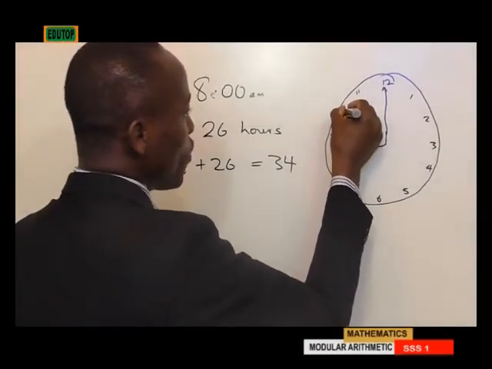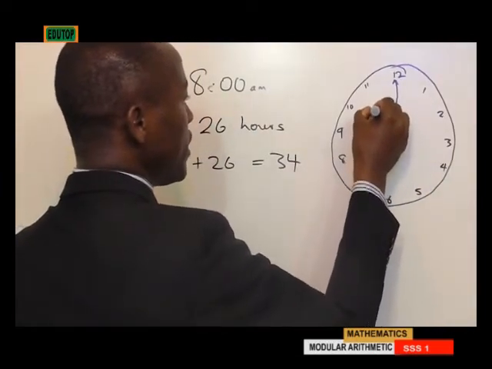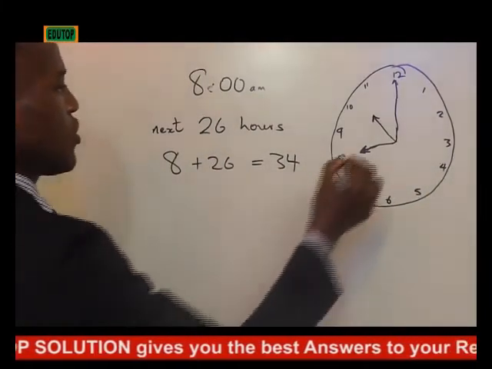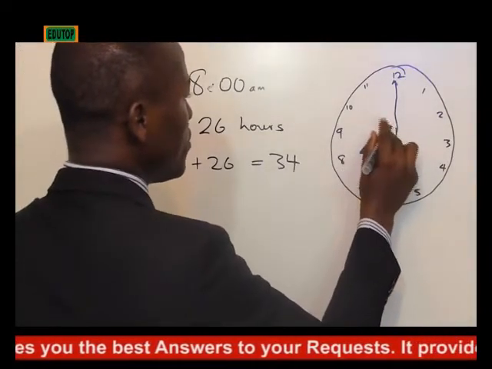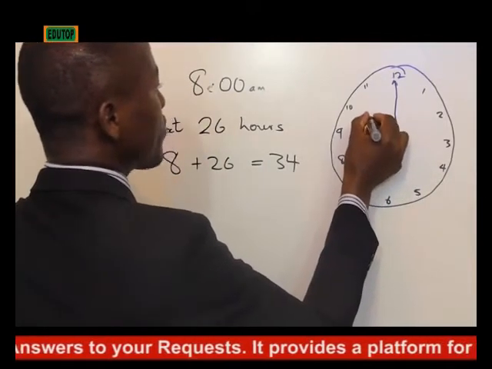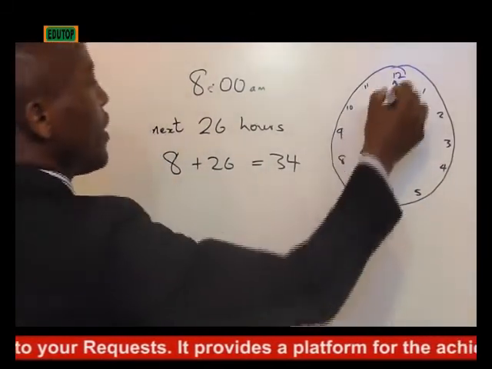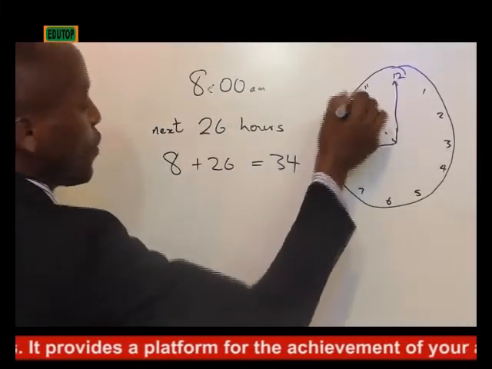That is, our shorter arm will be pointing to 10. But for us not to go through the stress of counting like this, starting from 9 all over again before we get to 10.